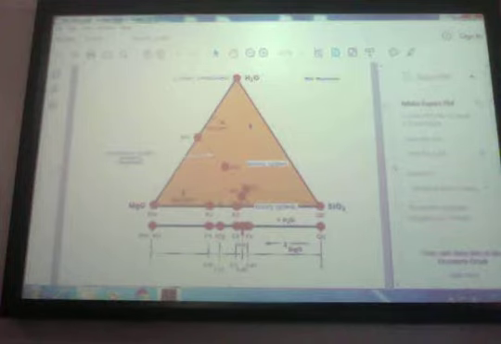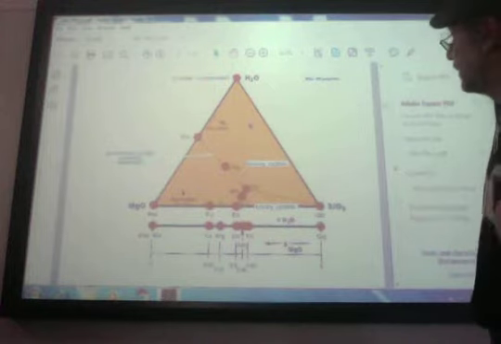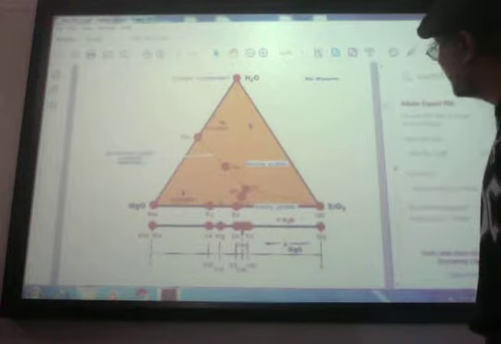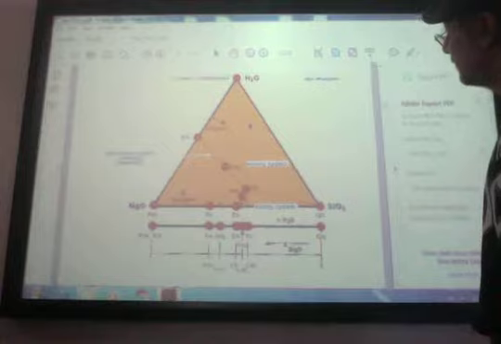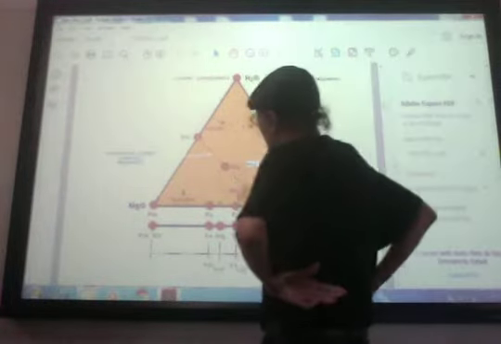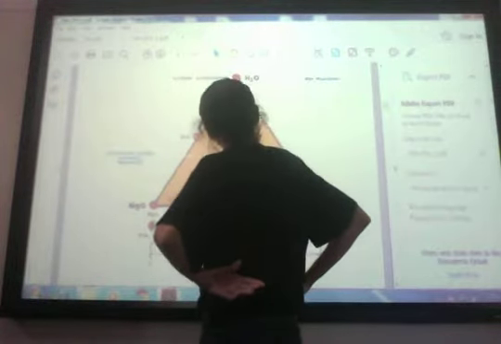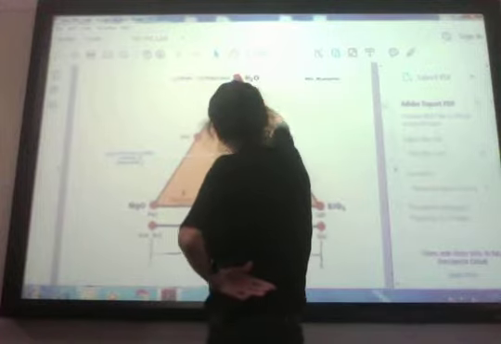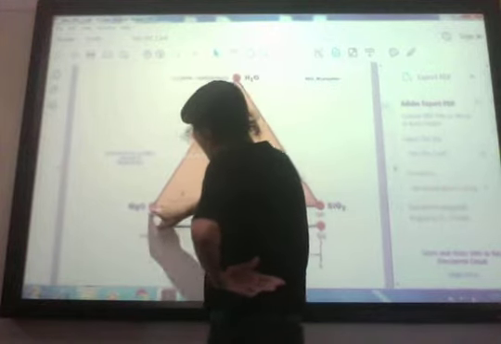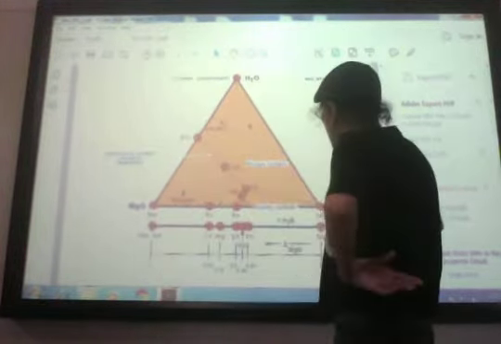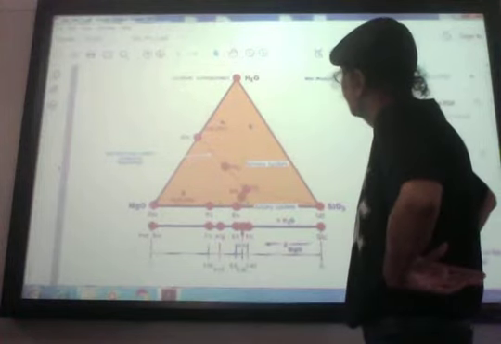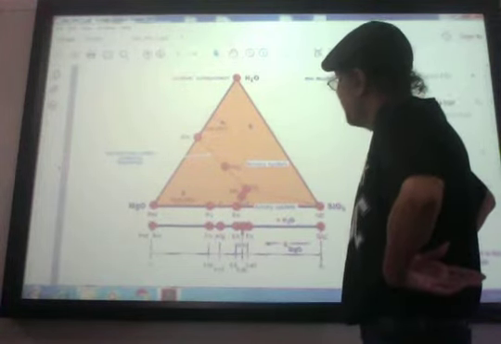So now we have here a ternary system and the binary system. We have the same triangle as before, with H2O at the top, MgO, and SiO2.